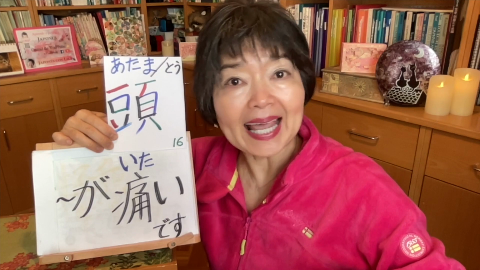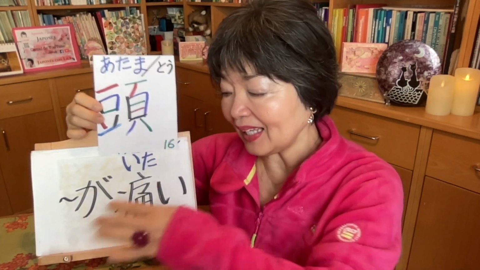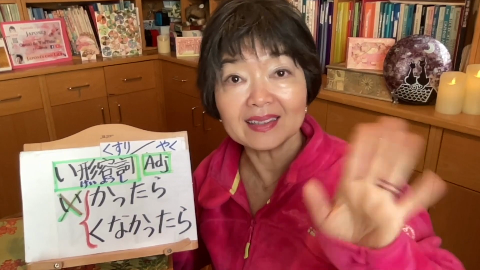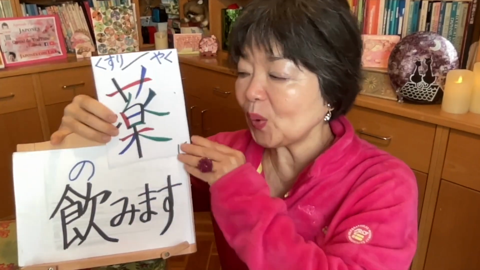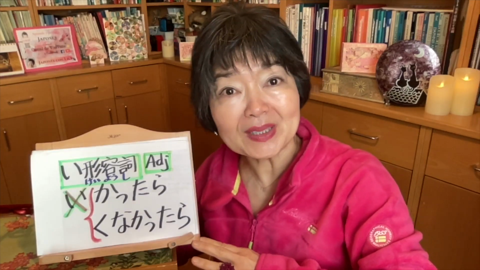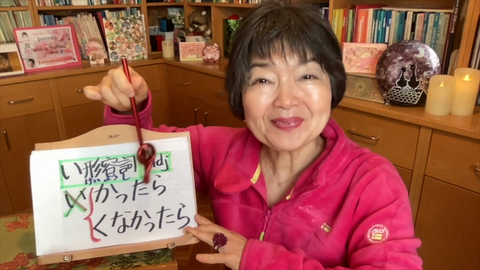If you don't have headache, 頭が痛くなかったら to take a medicine, we use this verb to drink 飲みます。薬を飲みます。to take some medicines. 頭が痛くなかったらこの薬を飲まないでください。Today we learn hypothetical conditions たら but in the case of i-Adjective, affirmative and negative.